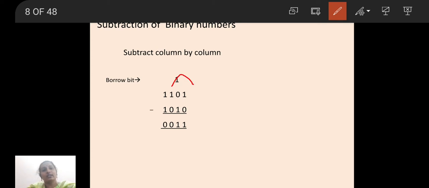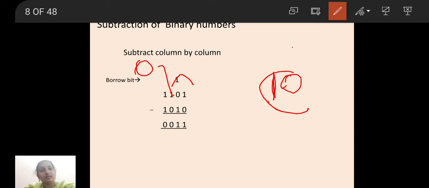By taking 1 here, it becomes 0. So 1 minus 0 is equal to 1, but here already 0 is there. By taking borrow, it becomes 10. Of course the third number is 0, but the second number becomes 10. So what does 10 indicate? 2. So 2 minus 1 is equal to 1.